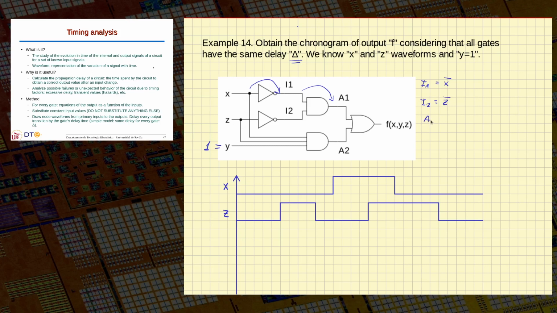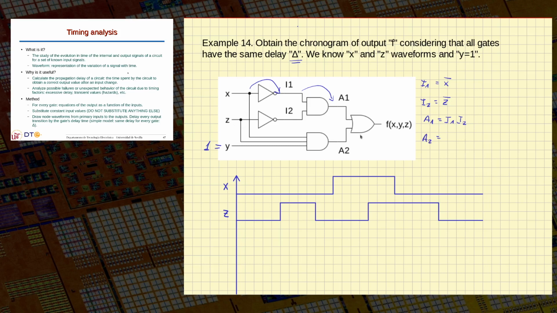A1 will be I1 and I2. Okay, and it's important not to make any substitution here. So I know that A1 depends directly on I1, I2. So I put the expressions, but never substitute the values, not to miss the information on what nodes this signal depends on.